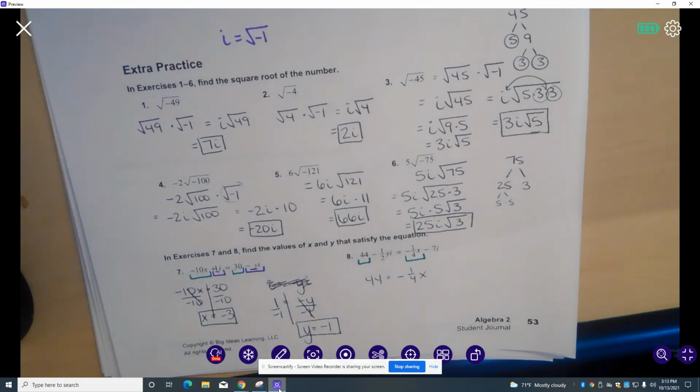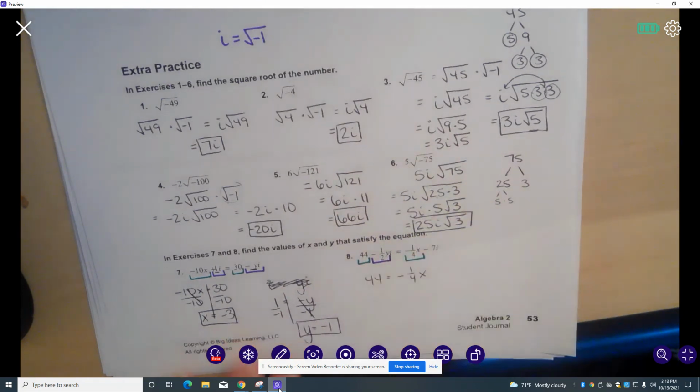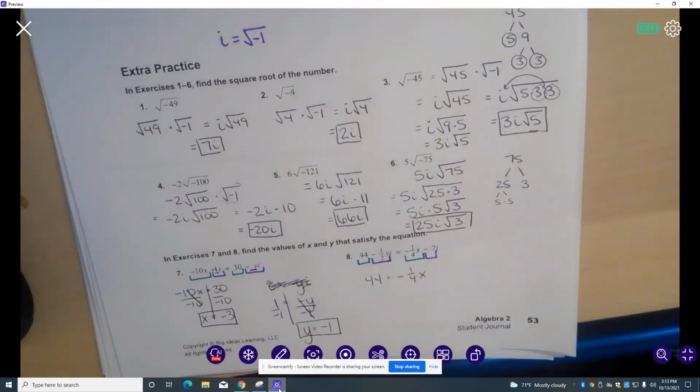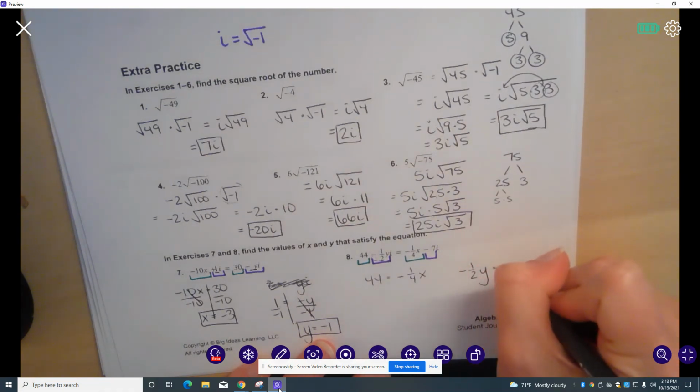For the y's, that's part of the imaginary part. So I'm going to set that equal to the imaginary part on the right. Remember, I don't need to include the i's. I'm just going to set the coefficients equal to each other. So negative 1/2 y is equal to negative 7.